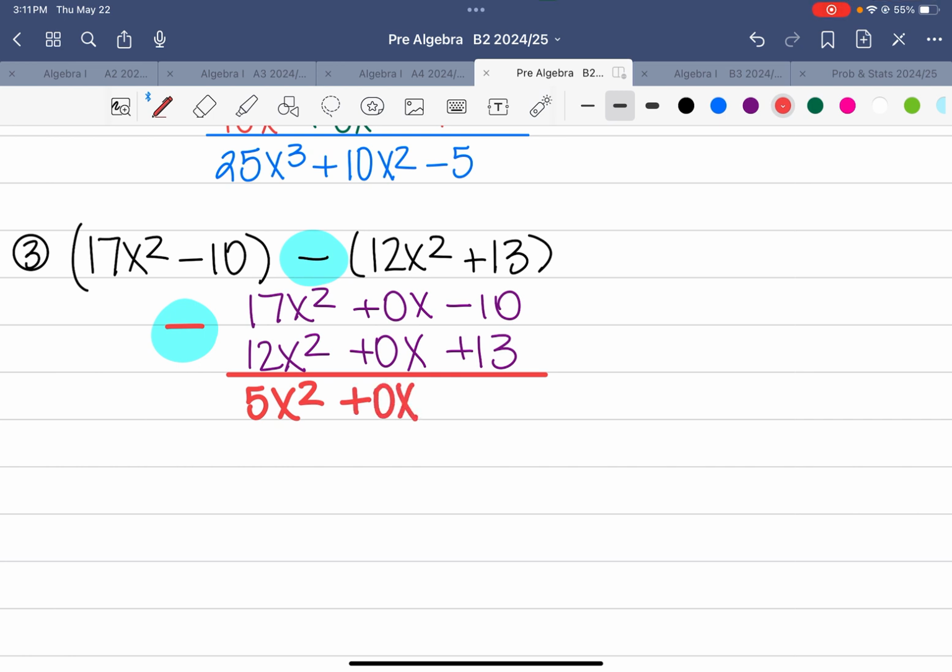Then I have negative 10. Remember, you have to keep your sign. Minus 13. What is negative 10 minus a positive 13? Negative 23.